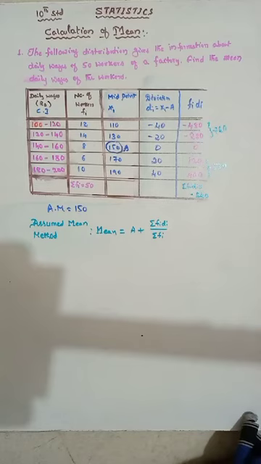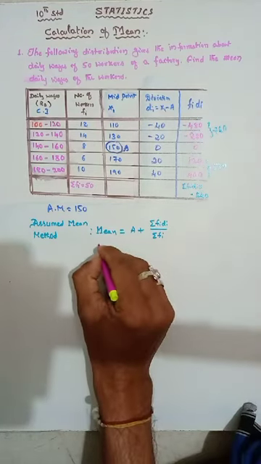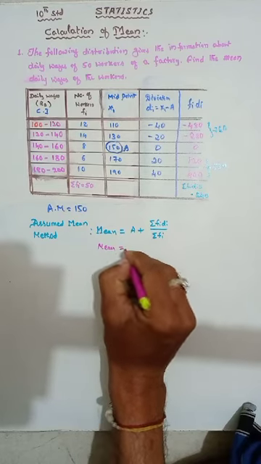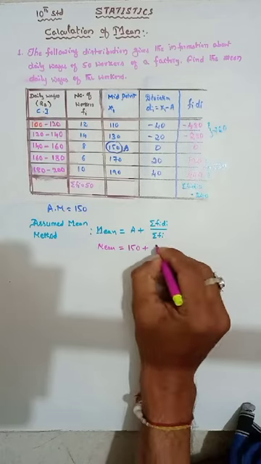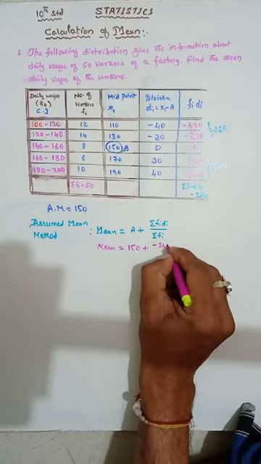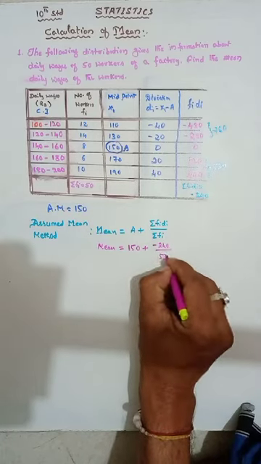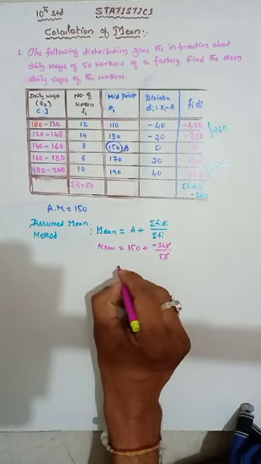Okay, now you have to substitute the values here. The mean is A, which is 150, plus minus 240 by 50. Here the 100 gets cancelled.